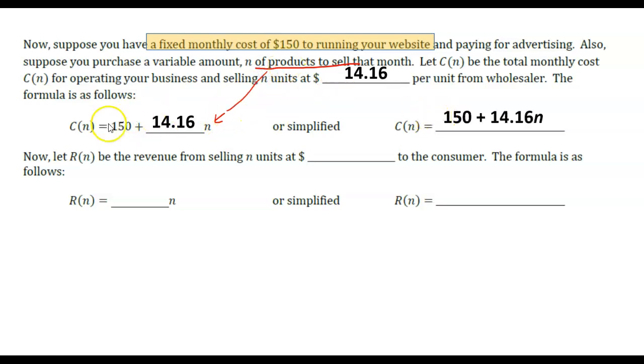Without the blanks it looks like 150 plus $14.16N. It says let R be the revenue, the amount of money I'm making per item, $24. So that would be 24N.